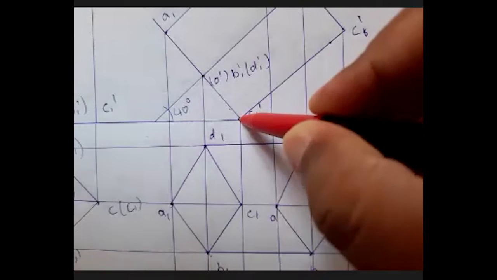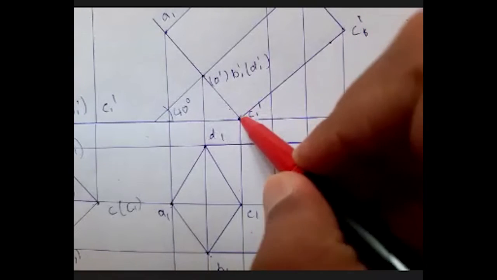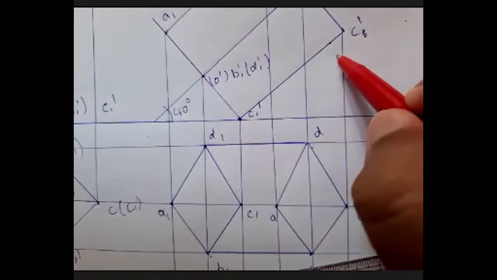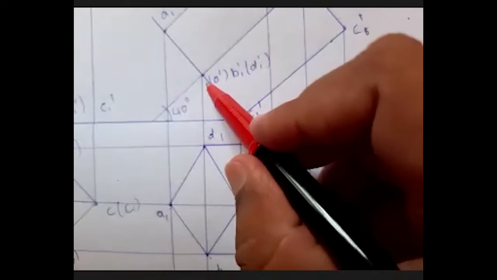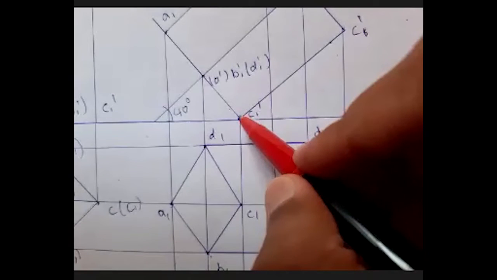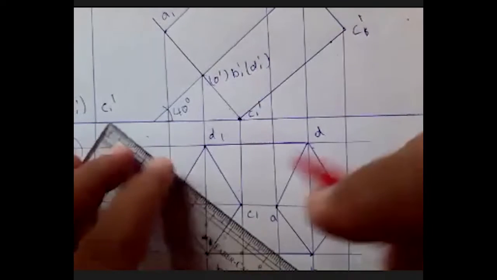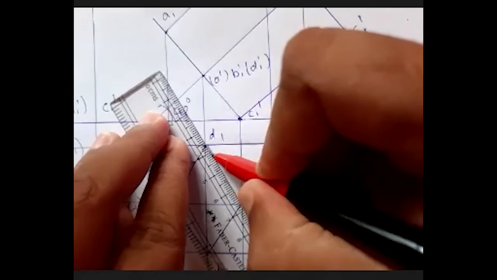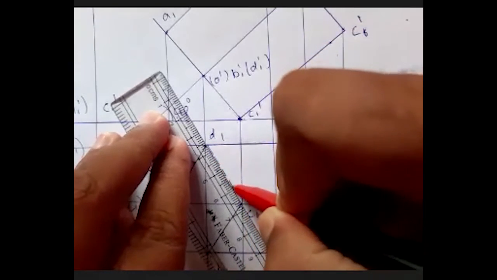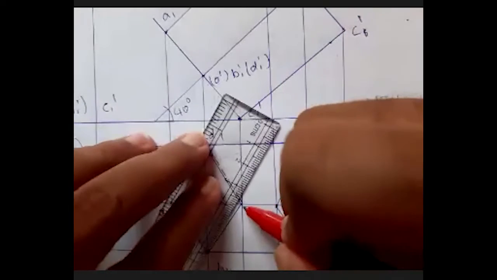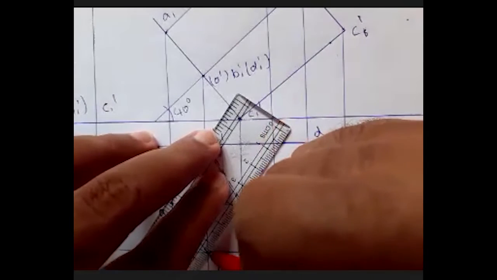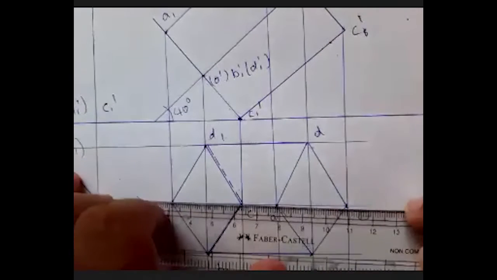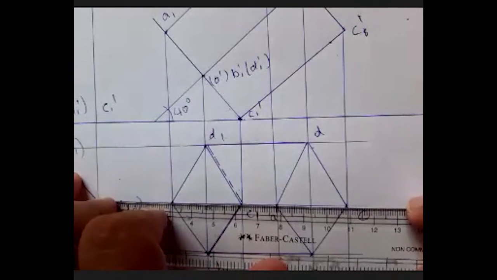I need to find out the dotted lines. Since the lines going out from this point are C1 to C, C1 to B1 and C1 to D1, C1 to D1 will be a dotted line, C1 to B1 will be a dotted line, and C to C1 will also be a dotted line.